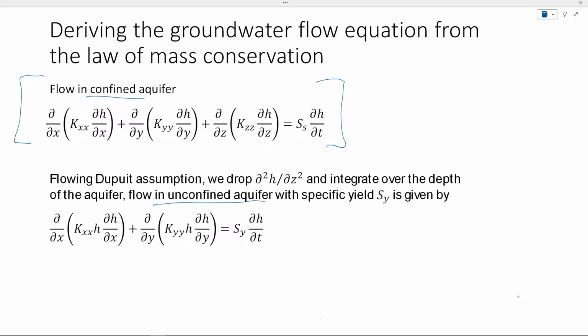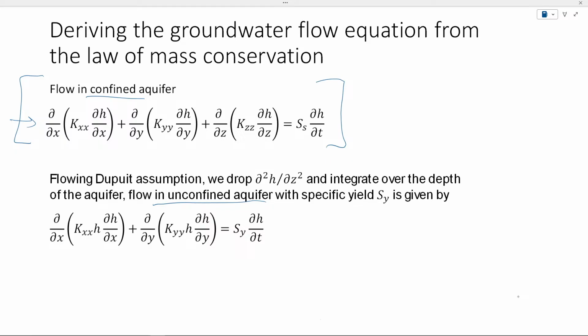You have different groundwater flow models such as MODFLOW, a finite difference model, or FEFLOW or SUTRA, which are finite element models. All these models solve this equation numerically. MODFLOW solves it using a finite difference method, while FEFLOW and SUTRA solve it using a finite element method.